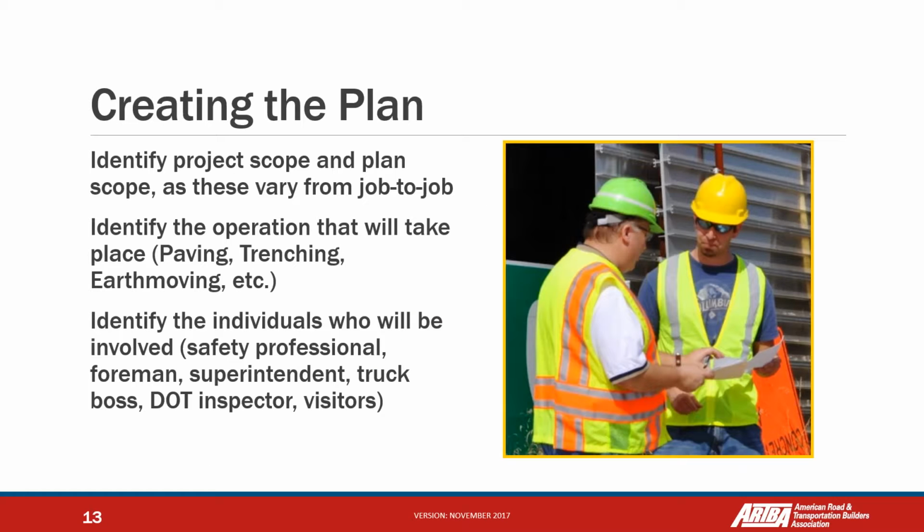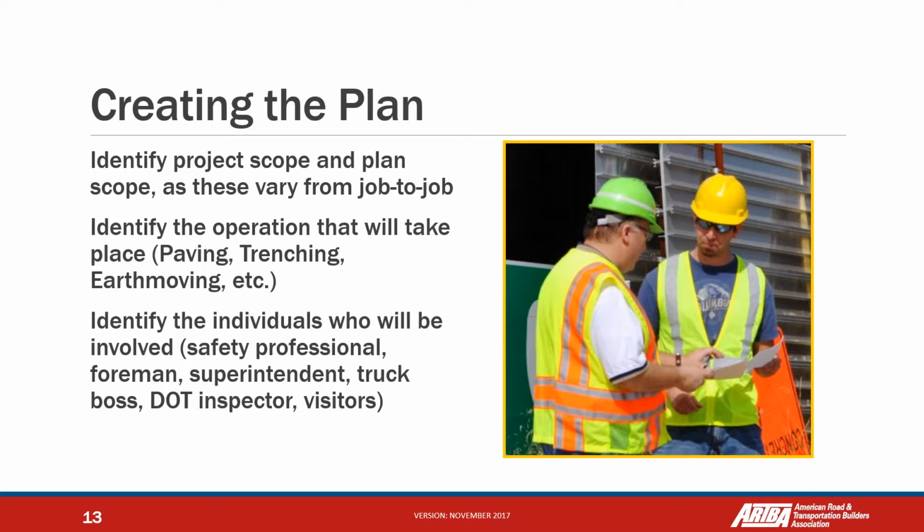Okay, so when we are creating the plan, we need to identify the project scope and plan scope, as these vary from job to job. So something interesting in the roadway construction industry is that we are constantly changing environments too, and dealing with traffic also. So the conditions usually change from project to project according to the environment, the circumstances in which we are working.